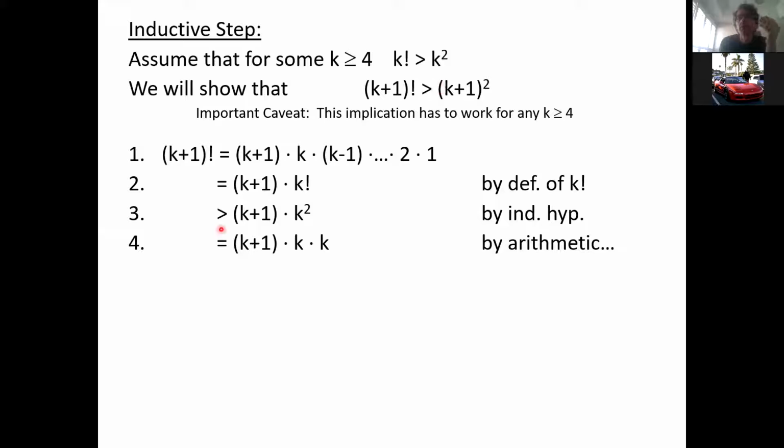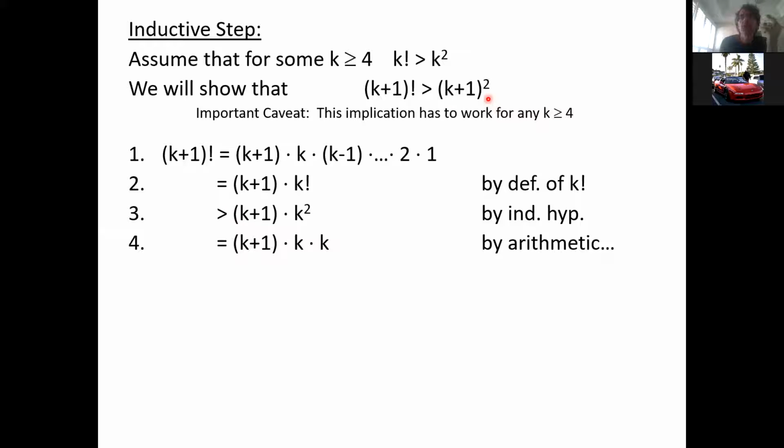Because if it is true, then we'll be done. We will show that k plus 1 factorial is bounded from below by k plus 1 squared, if we show that this thing is greater or equal to that one, right?